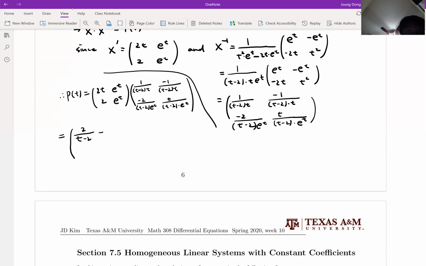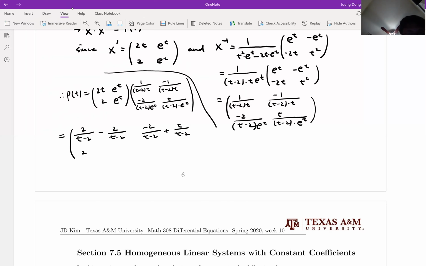The bottom one, e to t is cancelled, and minus 2 over t minus 2, which is 0. The second one, t is cancelled out, minus 2 over t minus 2, then e to t is cancelled out, plus t over t minus 2.